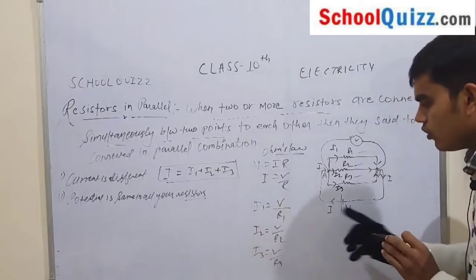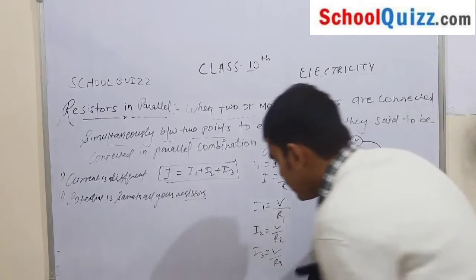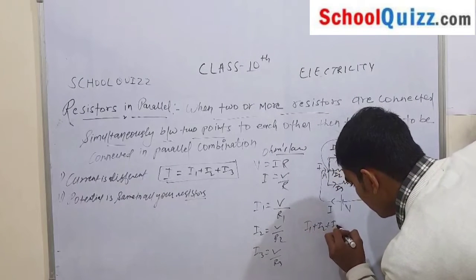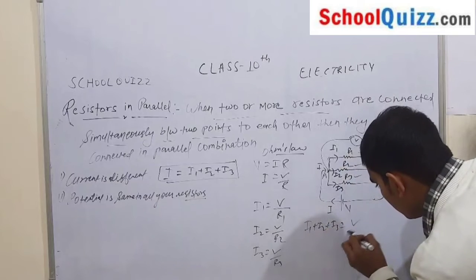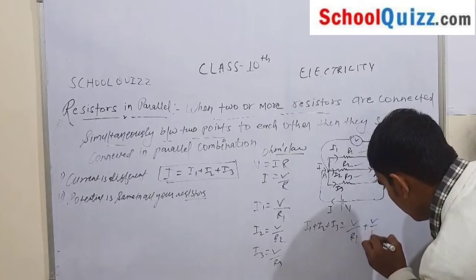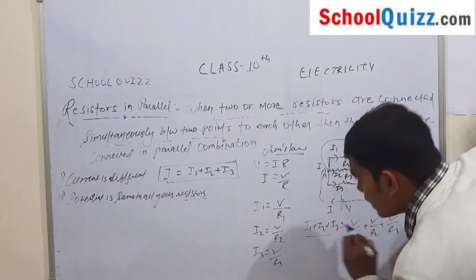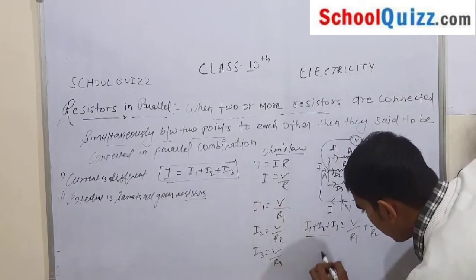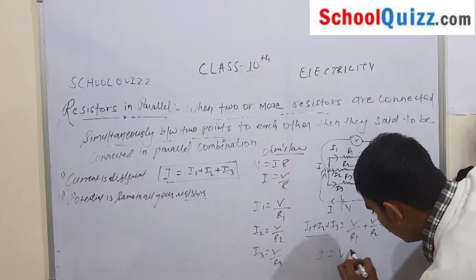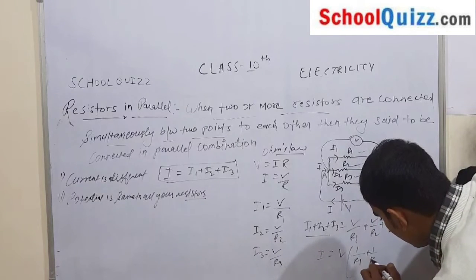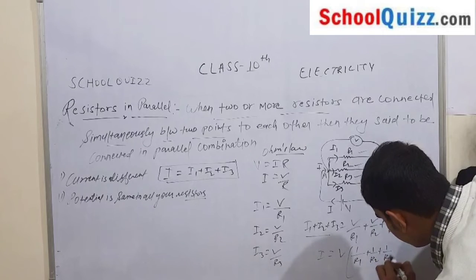Now we are going to add I1, I2 and I3. That is I1 plus I2 plus I3, which is equal to V by R1 plus V by R2 plus V by R3. So I1 plus I2 plus I3, the overall current I, is equal to V times 1 upon R1 plus 1 upon R2 plus 1 upon R3.